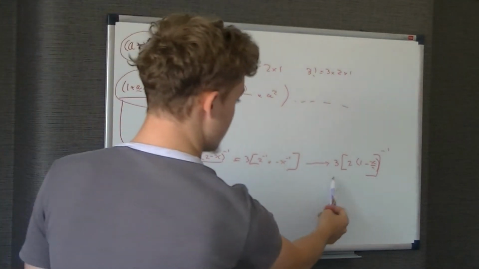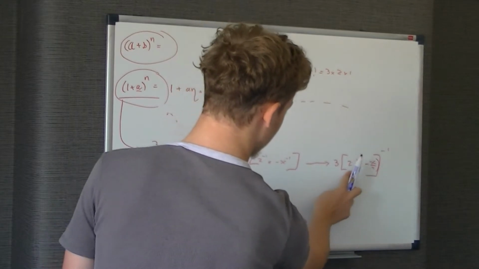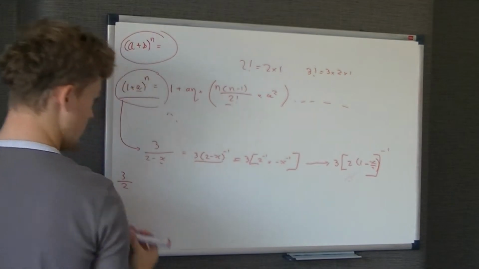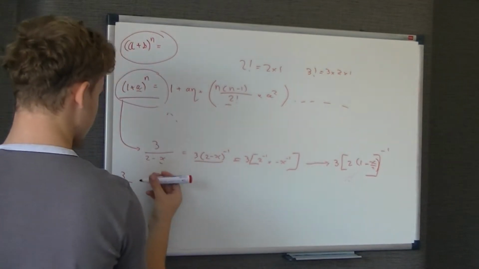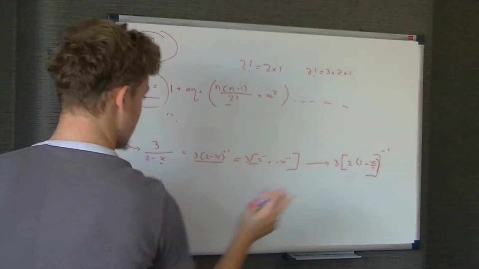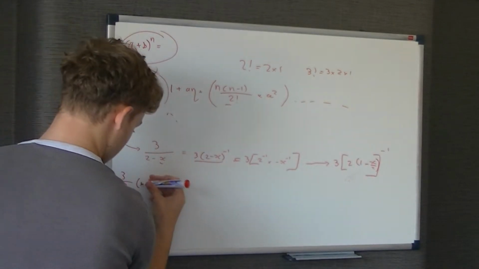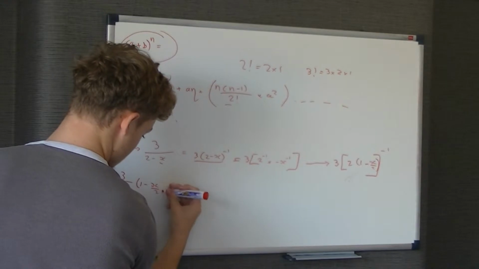And because we're doing 3 times 2 to the power of -1, we could simply do 3 over 2. Now you could write 1.5, but it'll be a bit more confusing if you do it that way. So obviously we've taken 2 out here, and then that just becomes 3 over 2 times 1 take x over 2 to the power of -1.